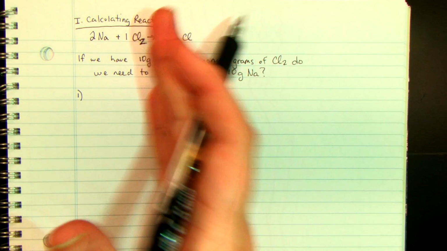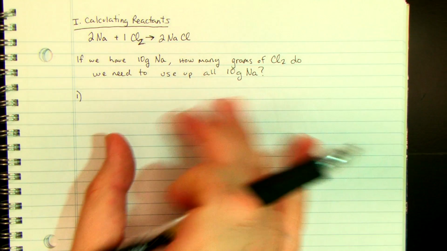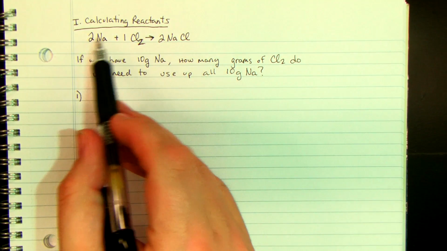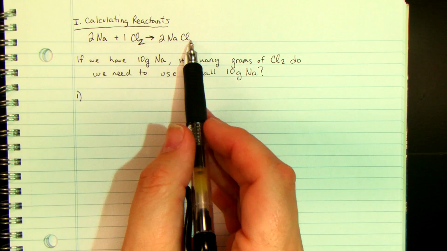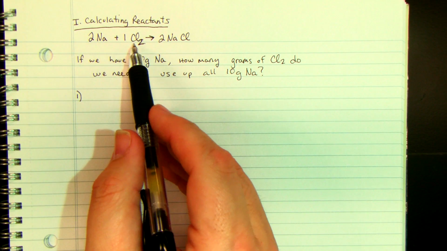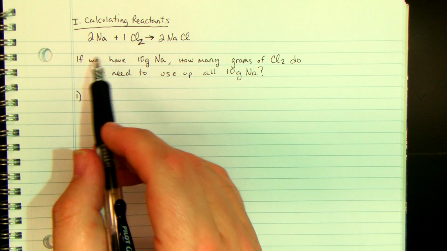Everything we got to go through moles. Moles is the grand central station of stoichiometry. You got to get to moles, because we can't say this is like 2 grams to 1 gram. That's not how it works. It's 2 moles to 1 mole.